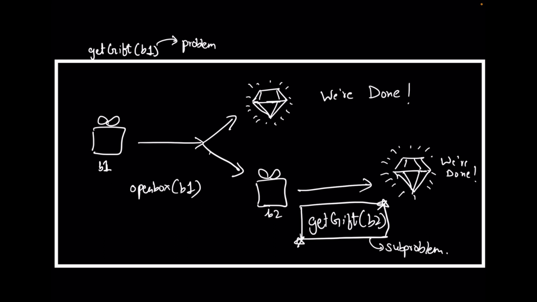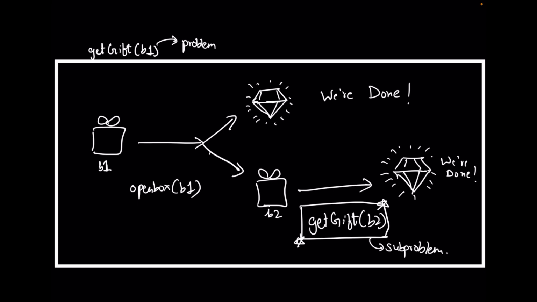That was our original problem. And we broke this problem down to a smaller problem, which was to get the gift from this B2 box, right? So this problem of getting the gift from the B2 box is what we call our subproblem. Now, assume that somehow we get the gift out from the B2 box.